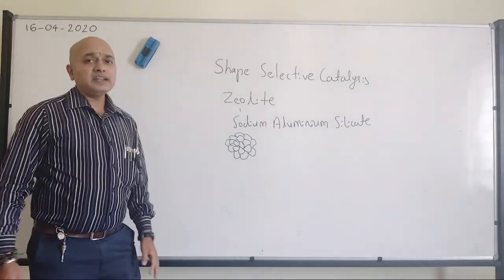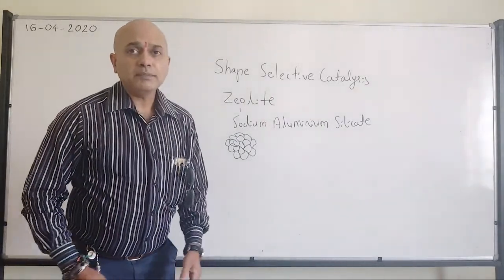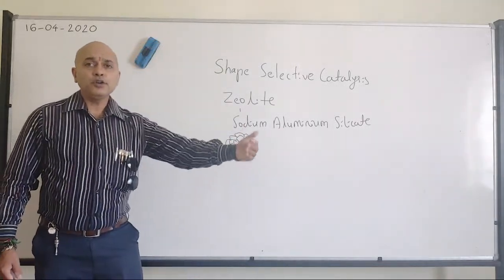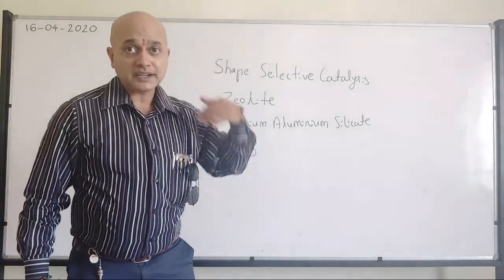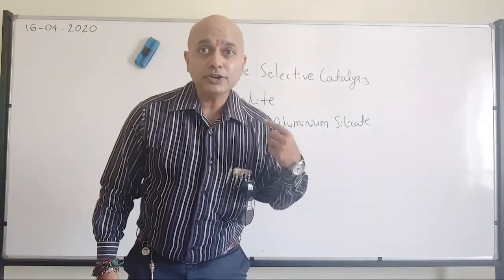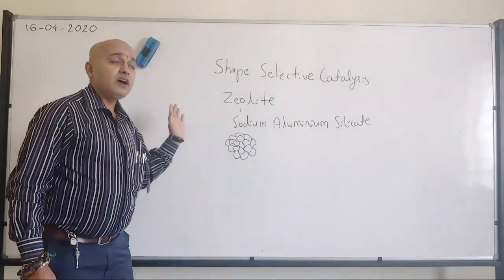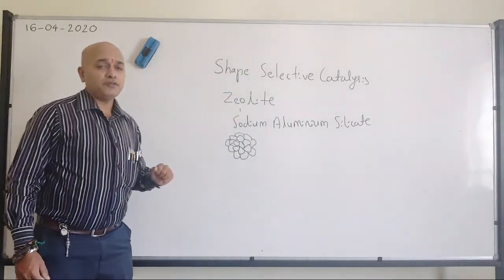Now this zeolite, as we know, has one application in the conversion of hard water to soft water, if you recollect the first year hydrogen topic. That is one method for conversion of hard water to soft water.